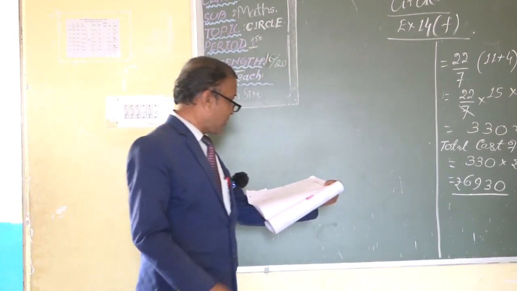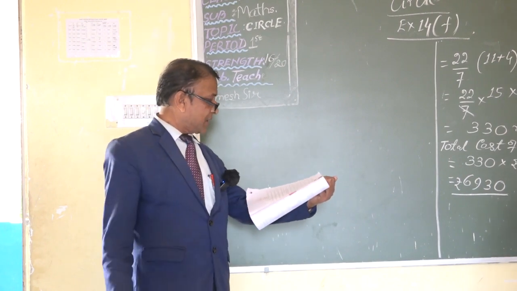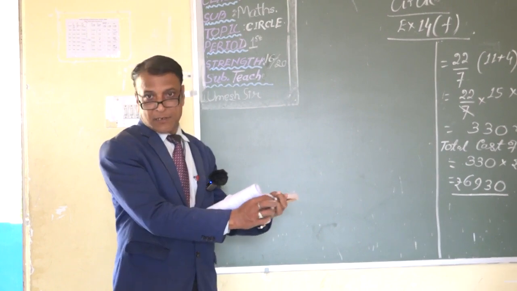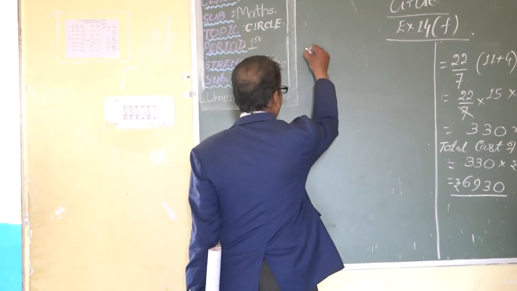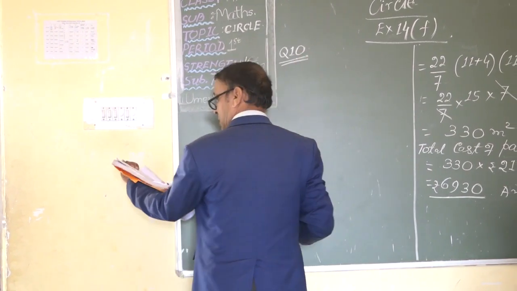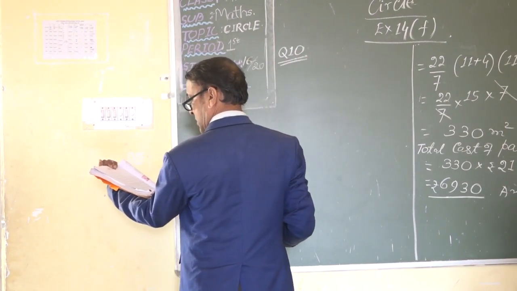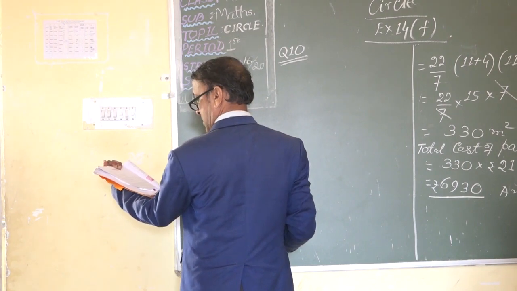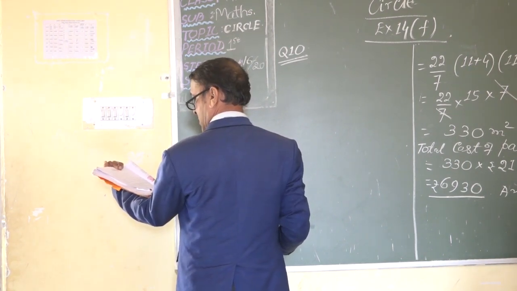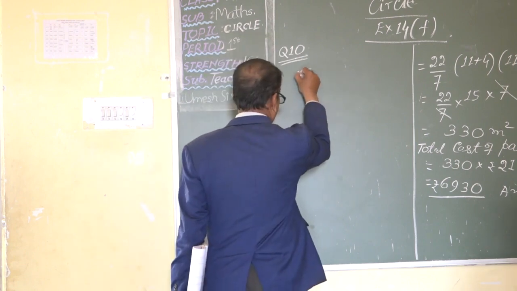So this was question number 8. Then, question number 10. Ranak, you read the question. What is the area of the circle, the circumference of which is equal to the perimeter of a square of side 11 cm?